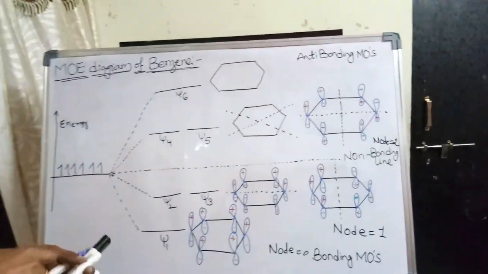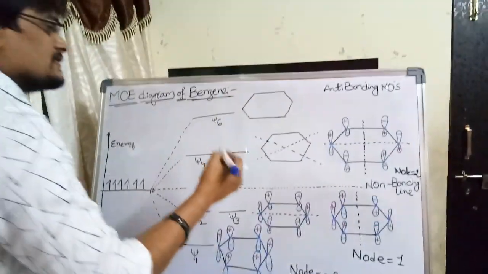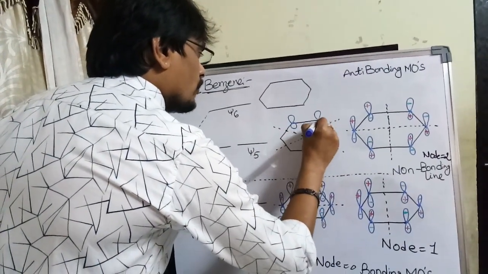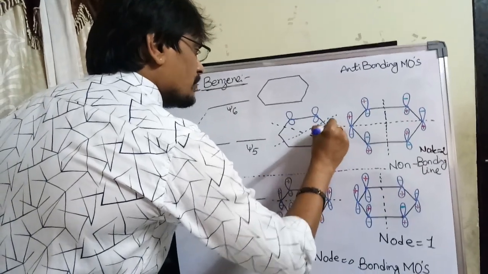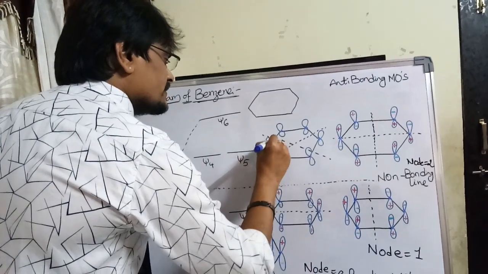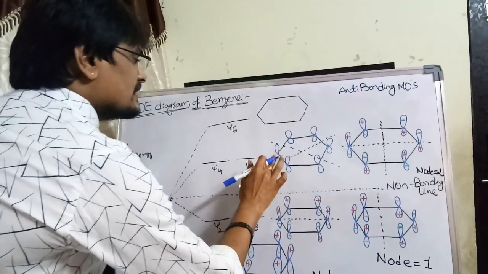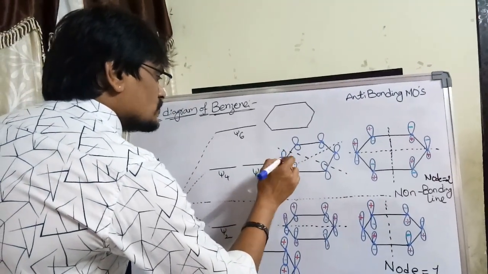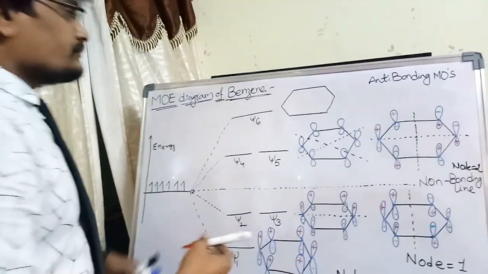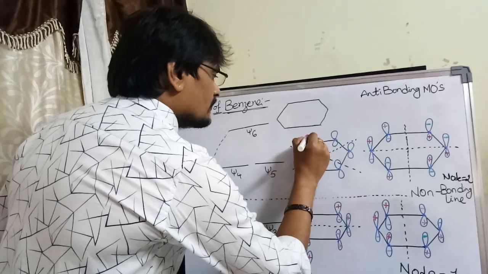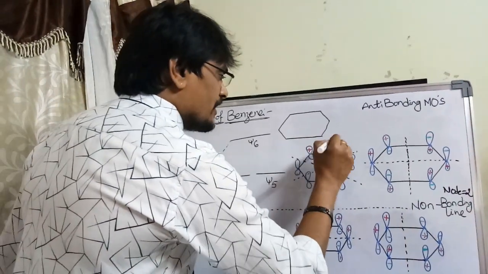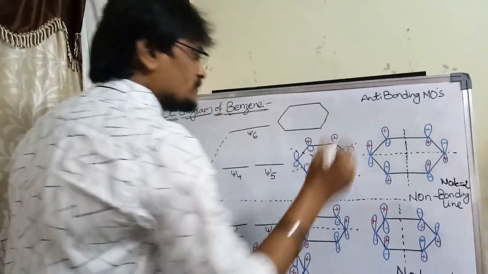Right. Now let us try to place the lobes on this particular molecular orbital. 3, 4, 5, 6. Why 6? 6 carbons are there, so 6 lobes. Now positive. There is no line in between, so positive.